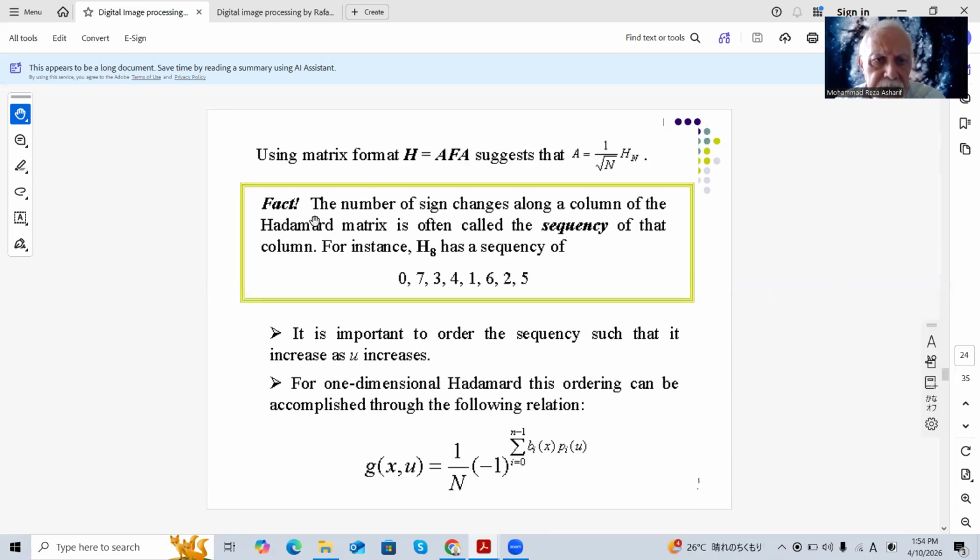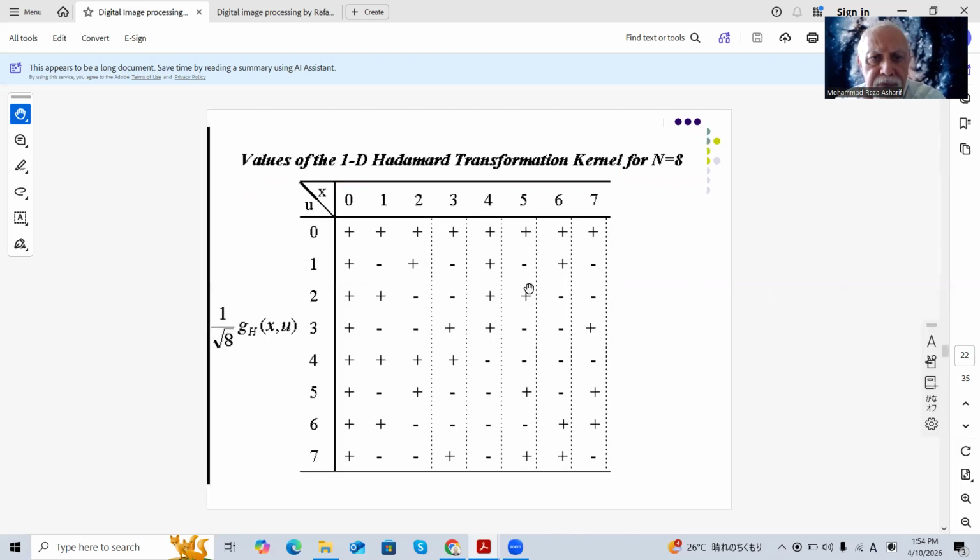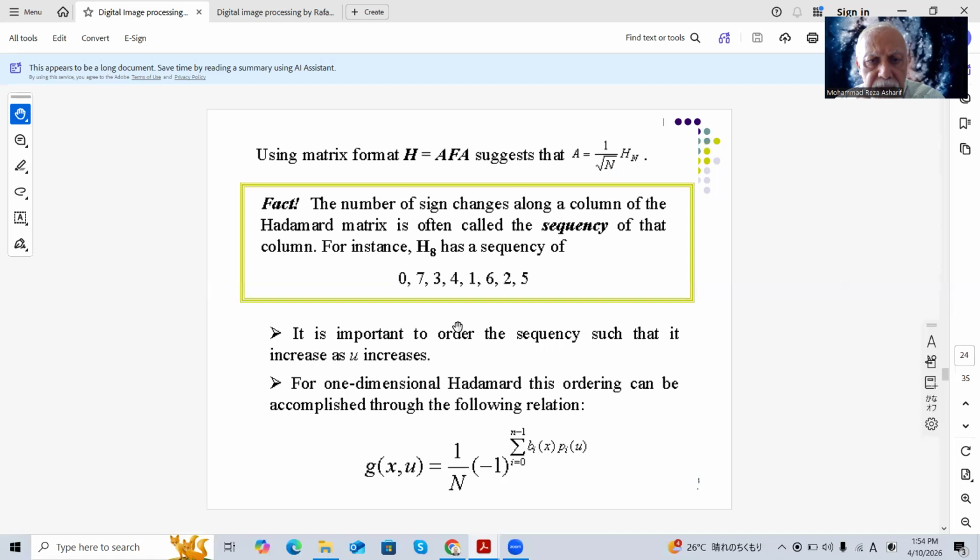As you see here, the number of changes, or sequency, or frequency, is obtained here for H8, for instance, 0, 7, 3, 4, 1, 6, 2, 5. You can find it from here. This is the number of changes. So the highest frequency is obtained here.